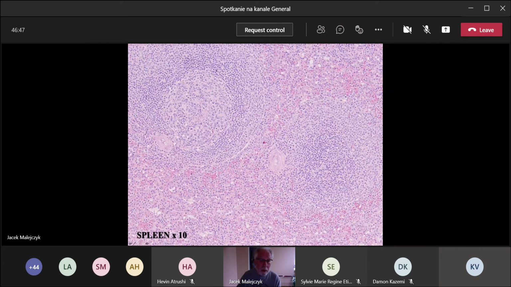Well, here is a bigger view of the spleen. As you see, the follicle with a germinal center and the mantle around, and here around it a reddish area, the red pulp with sinusoid vessels.